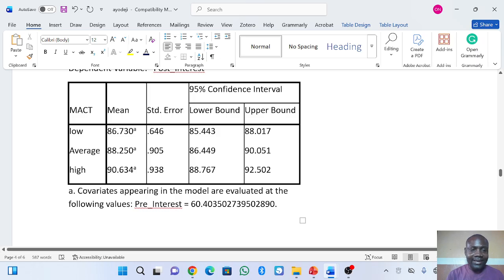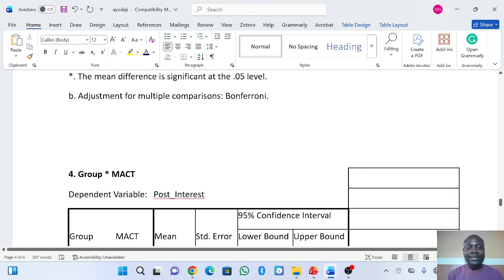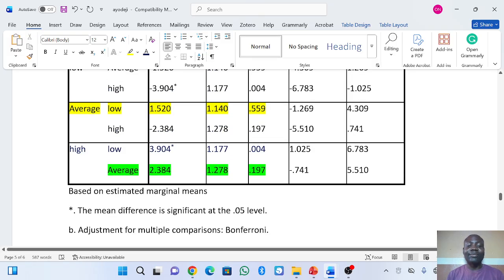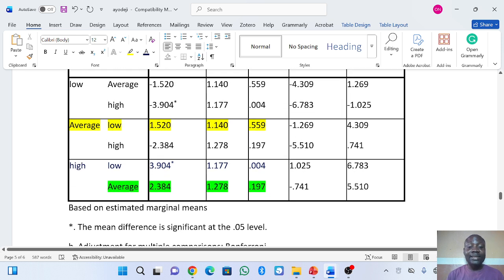Look at high 90, look at average 88. But it's telling us that the difference between these two, which is less than 2.0, is not significant. So what that is telling us is that having a high mental ability is actually an advantage, as having a low mental ability is a disadvantage.